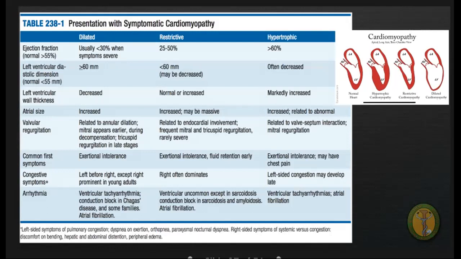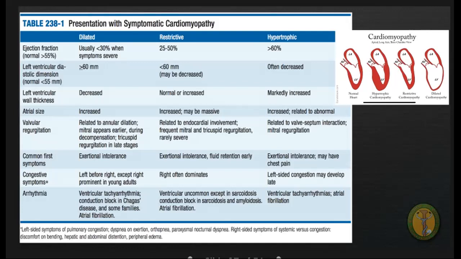For restrictive cardiomyopathy, ejection fraction is variable, ranging from around 25 to 50%, with normal or increased left ventricular wall thickness. The primary problem is the stiff ventricular wall that is causing the diastolic dysfunction. Right-sided symptoms often dominate the clinical picture.